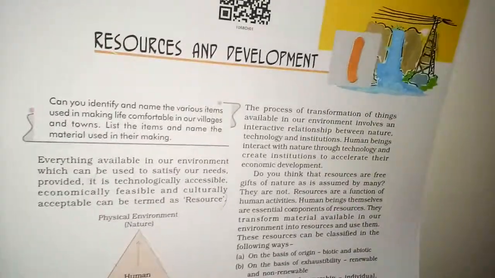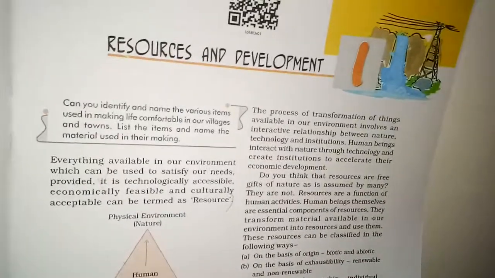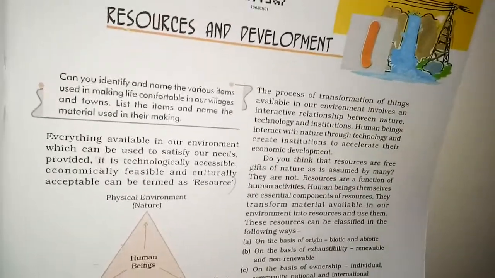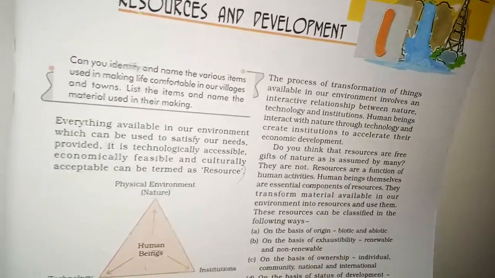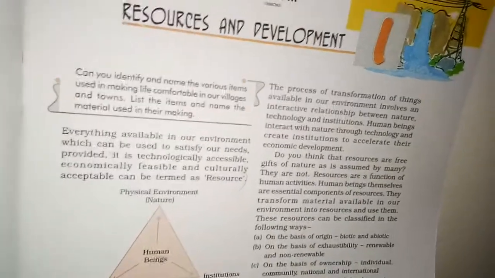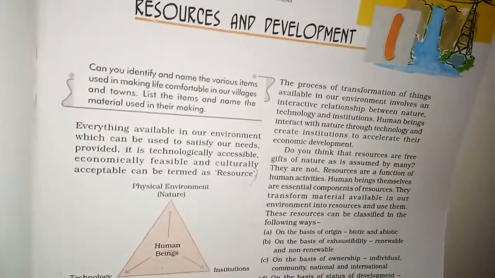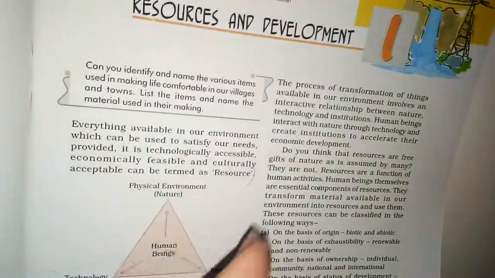So it says that human beings themselves are essential components of resources, and they transform material available in our environment into resources and use them. Anything which we find in nature. So how is electricity developed? By H2O, means by H2O hydroelectricity is developed.